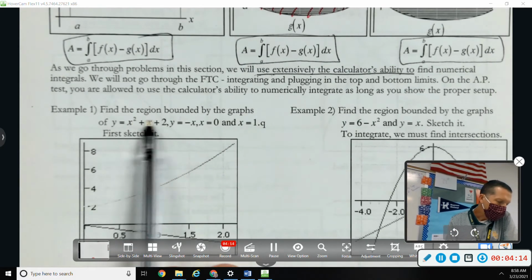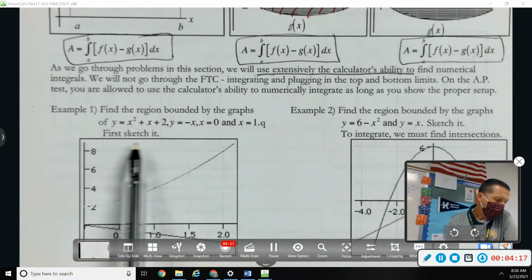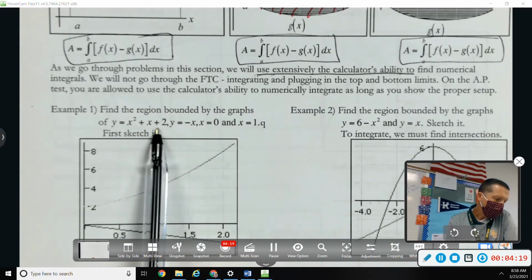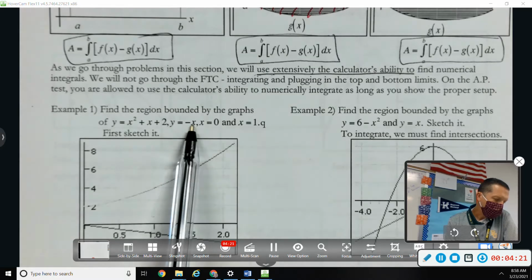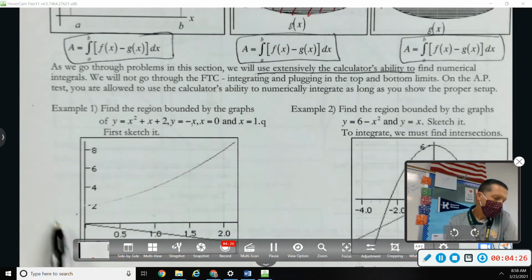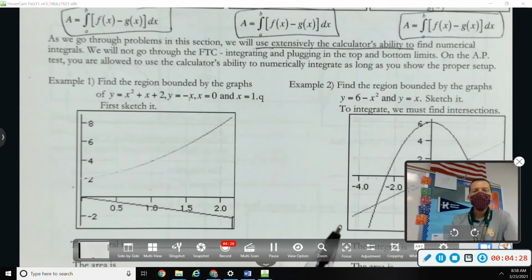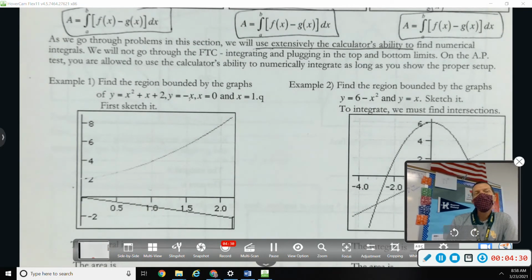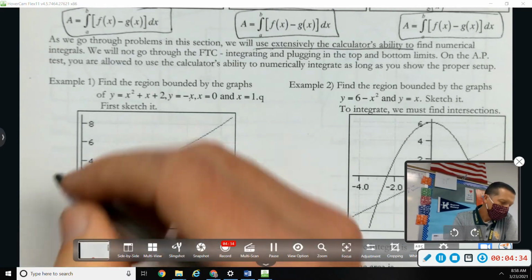All right, example one. Find the region bounded by the graphs y equals x squared plus x plus 2, y equals negative x, x equals 0, and x equals 1. Okay, well, it's sort of sketched for us, but we have to know which one is which, so we know which one is the top one and the bottom one.